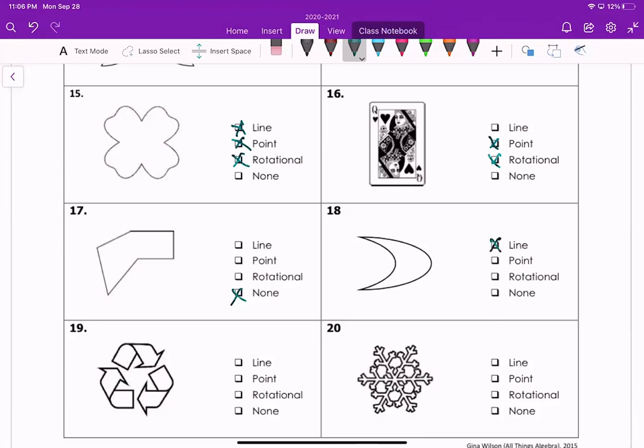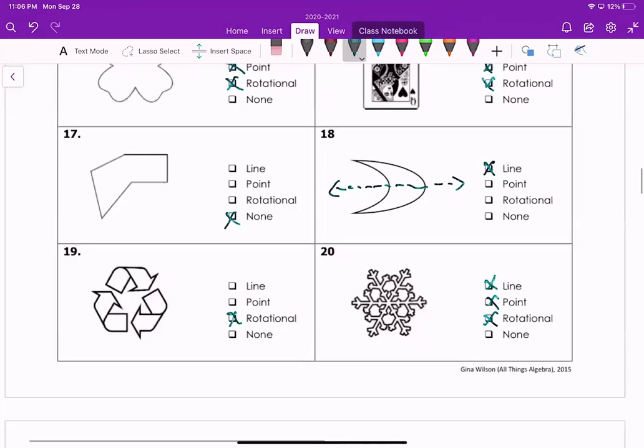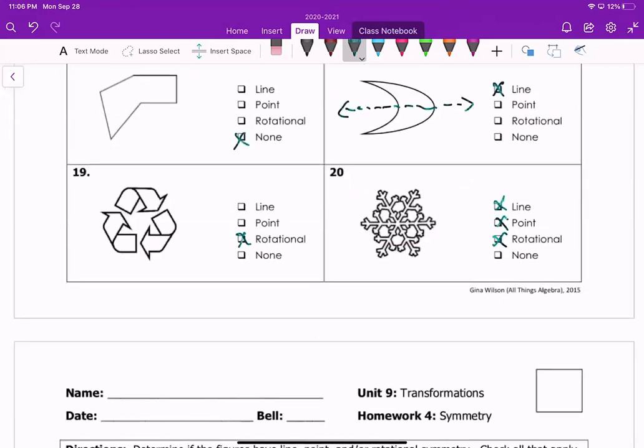Line, you could cut it in half, so just kind of. Just try to be aware of those. 19, you get rotational. And 20, you get all three. Because even though it's a fractal, is that what it's called? It's a big math word for you, if you guys ever pursue higher math.